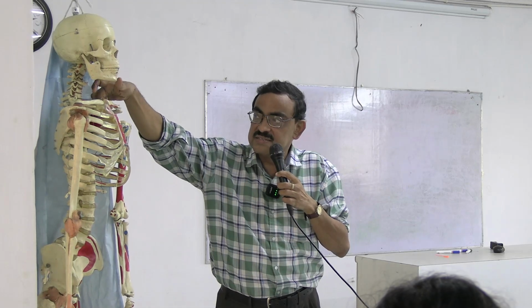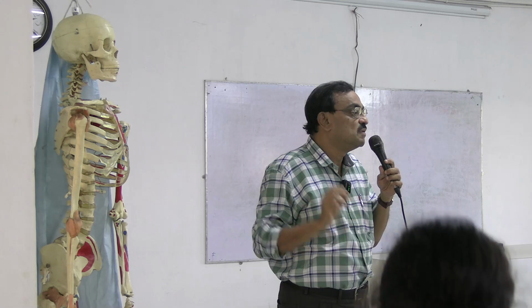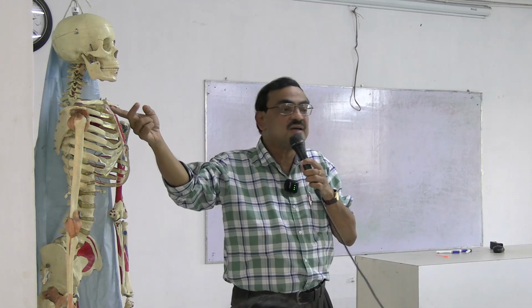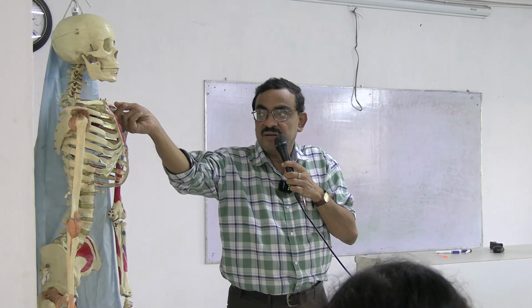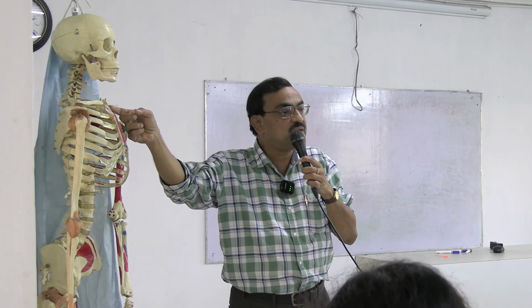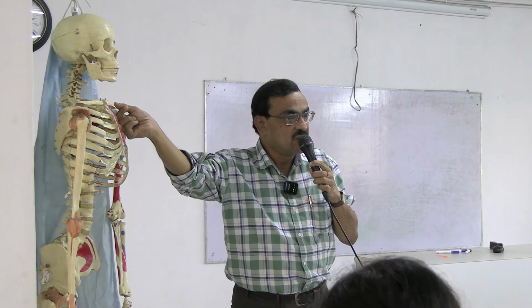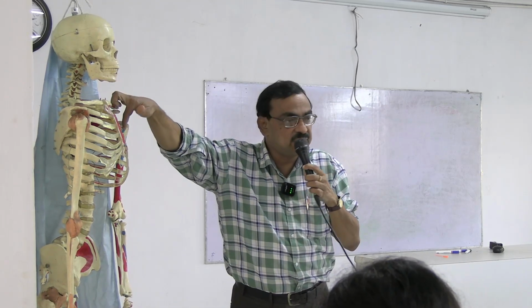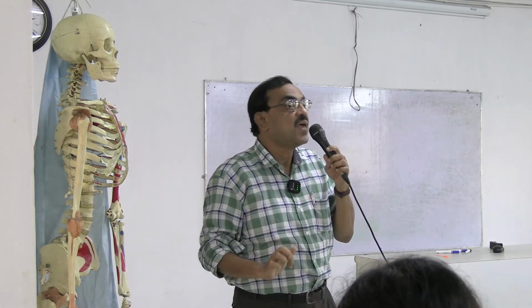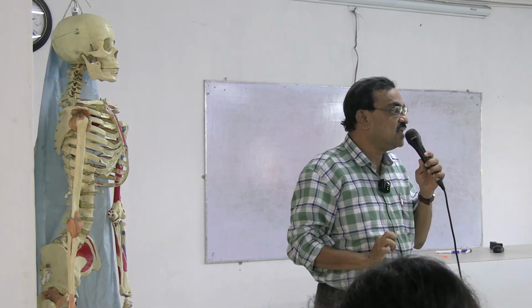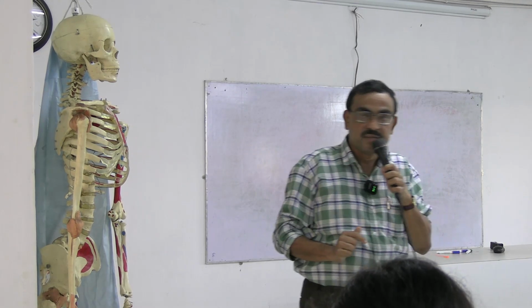Ultimately it is attached to the subclavian groove, and the muscle becomes muscular and attached there. The fascia also covers this subclavius muscle, and it goes down, then covers the pectoralis minor, and continues towards the axilla as the suspensory ligament of the axilla.